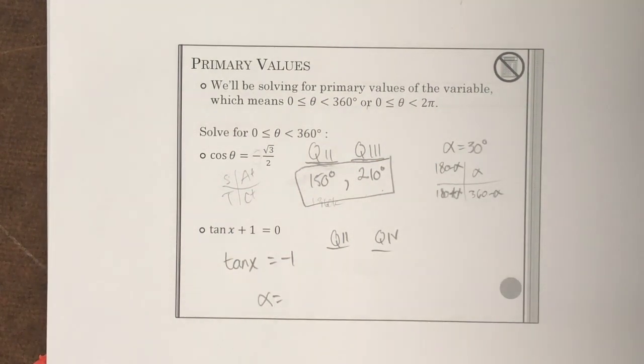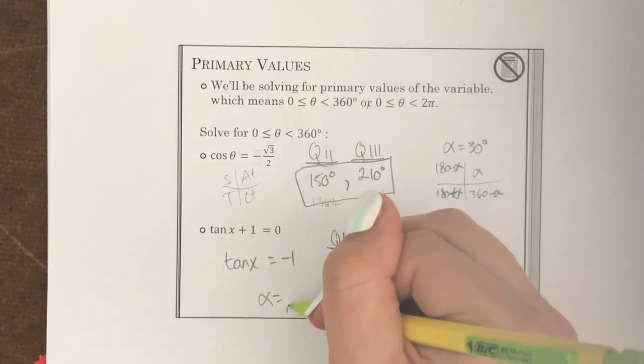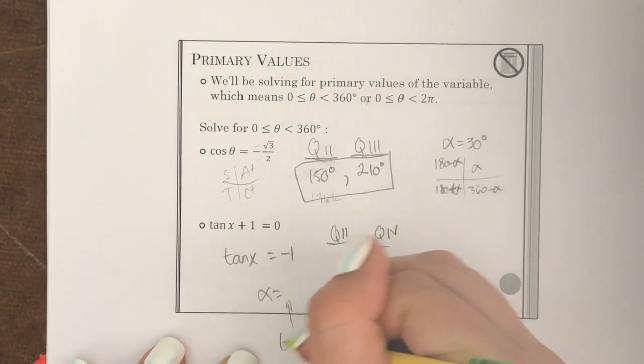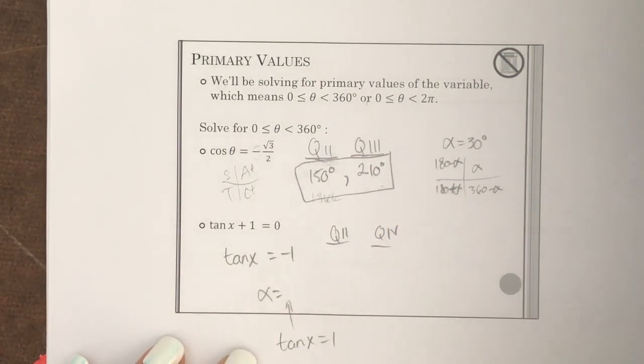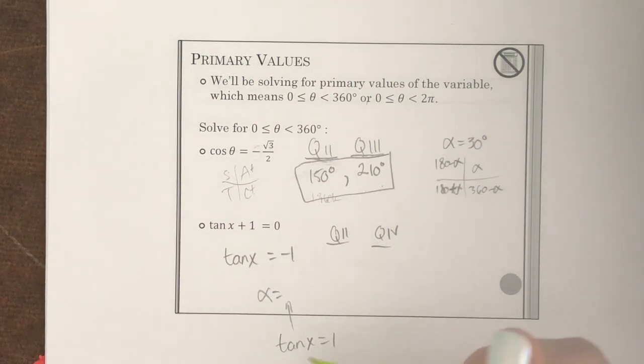All right, now take a minute and think about what the reference angle for tangent theta equals negative 1 is. So basically you want to think, where is tangent equal to 1? Just come up with the acute angle between 0 and 90 such that tangent of that angle is 1, and you can do it in degrees.